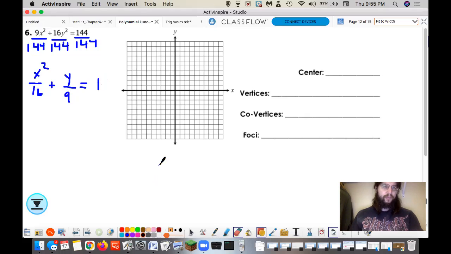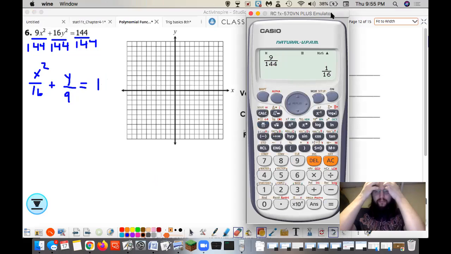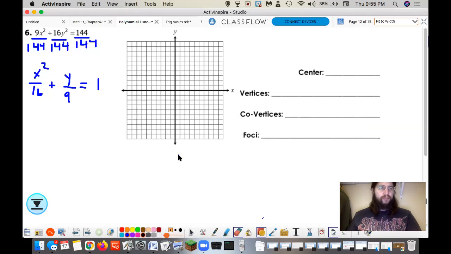Or you could just take your calculator. 9 over 144, 1/16. Hair's in the way, tickle my nose. All right. Now, yay. Squared.